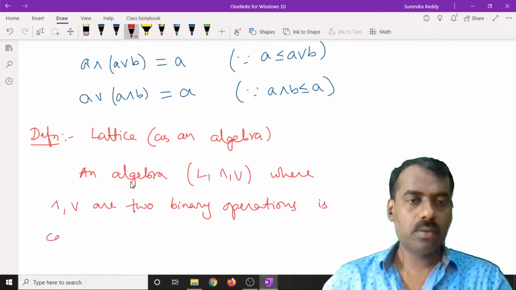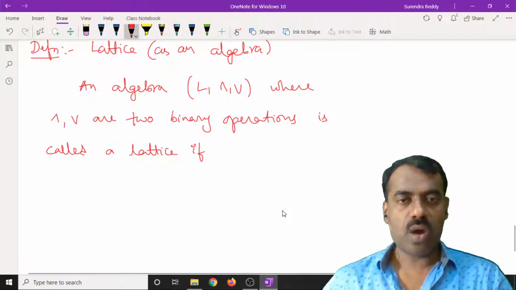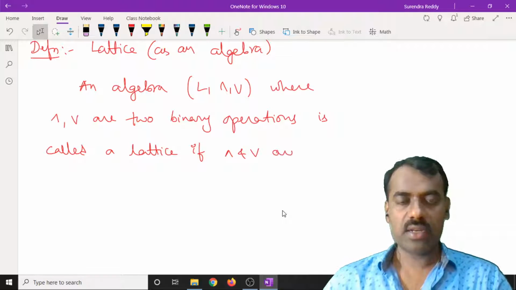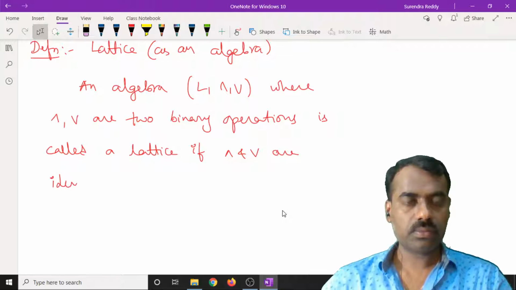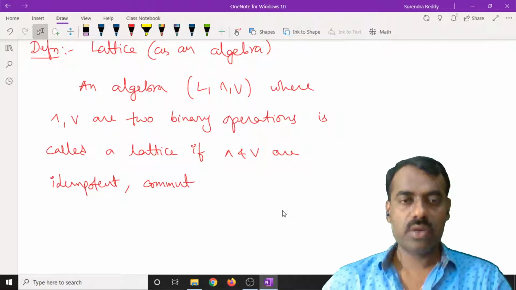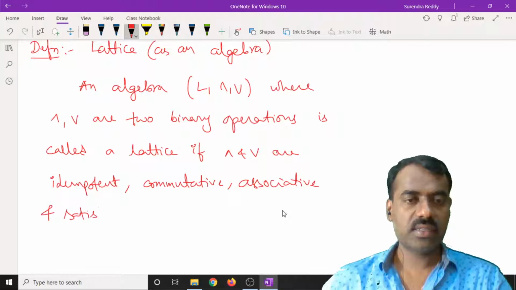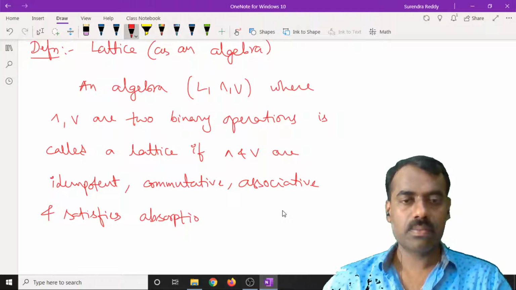is called a lattice if these two operations satisfy: if meet and join are idempotent, commutative, whatever we checked earlier, associative, and they should satisfy these absorption identities.